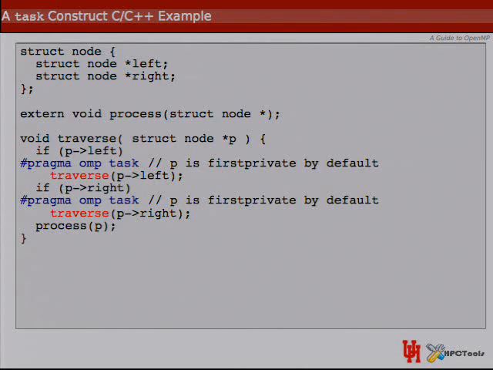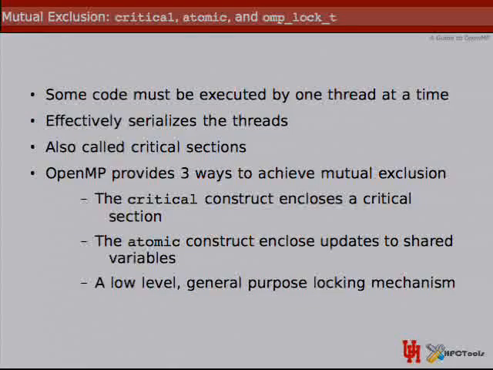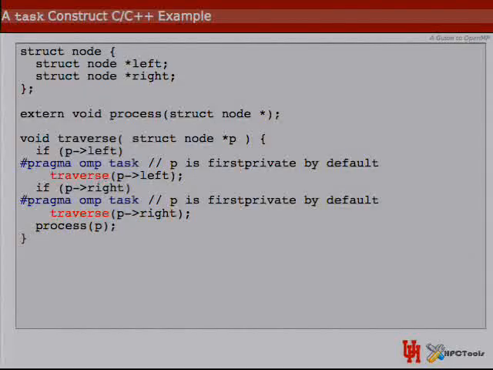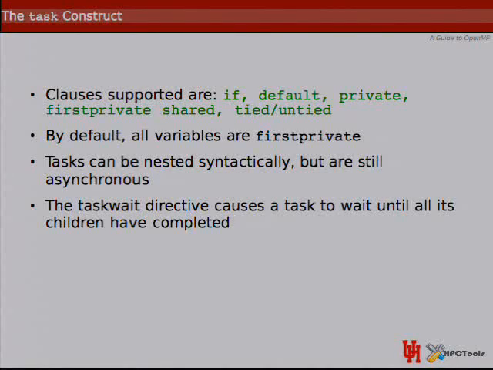Okay? So if you're used to using tasks in another construct, OpenMP has them in a fairly simple way. You create your tasks, they're executed, and the system will continue to execute them until it reaches a barrier.